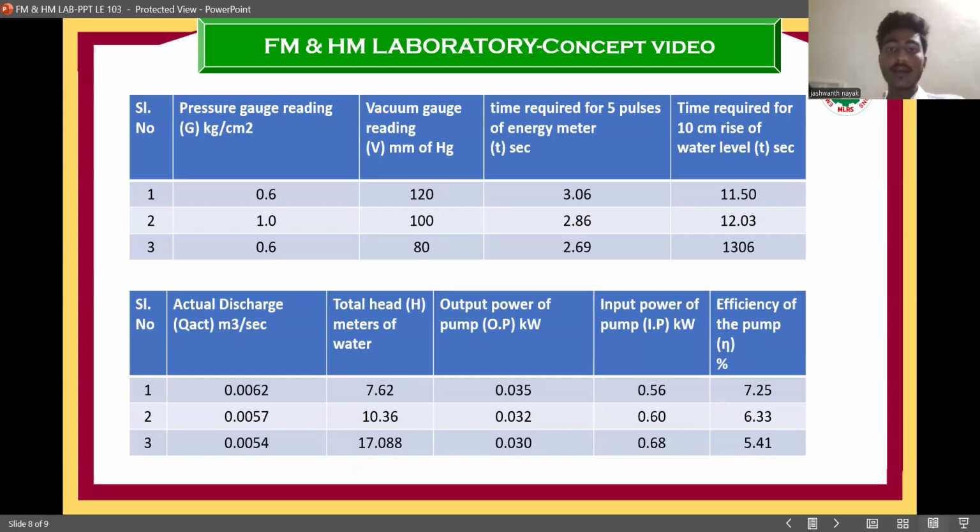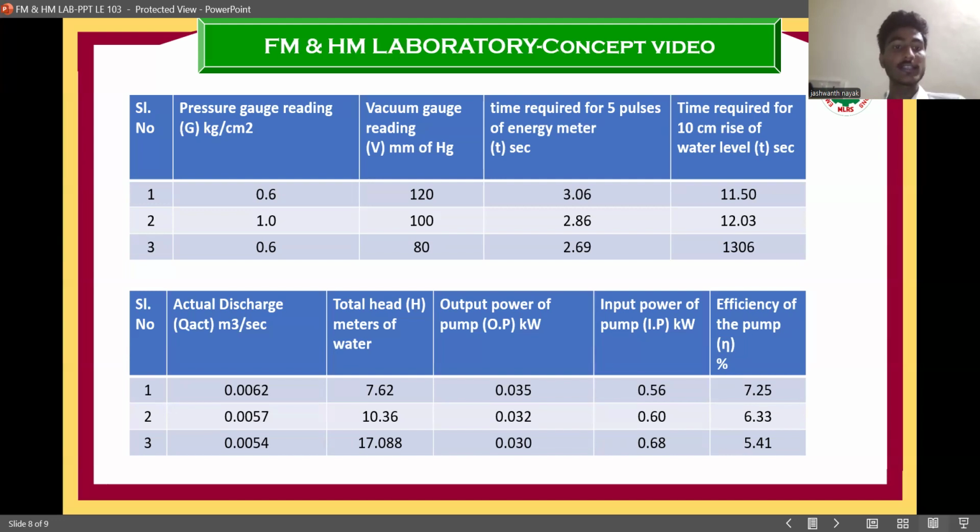This is the table after the multi-stage centrifugal pump experiment. First trial: the pressure gauge is 0.6, vacuum gauge reading is 120, time taken for 5 pulses is 3.06 seconds, and time taken for a 10 centimeter rise of water in the collecting tank is 11.50 seconds.